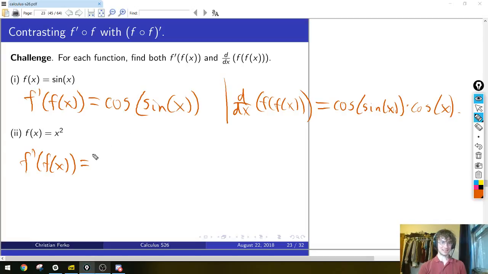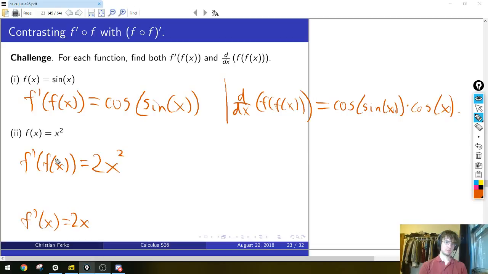Okay. Good. So f of x is x squared, and now we want f prime of f of x. I believe that this is going to be 2 times x squared times 2x. Let's see. f prime of x would just be 2x, and then f prime of f of x means replace x by x squared.